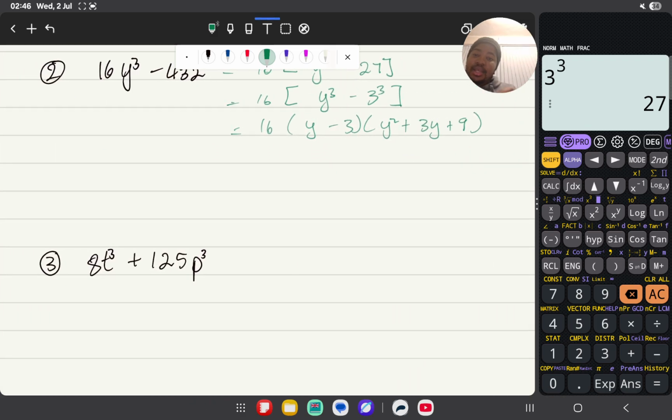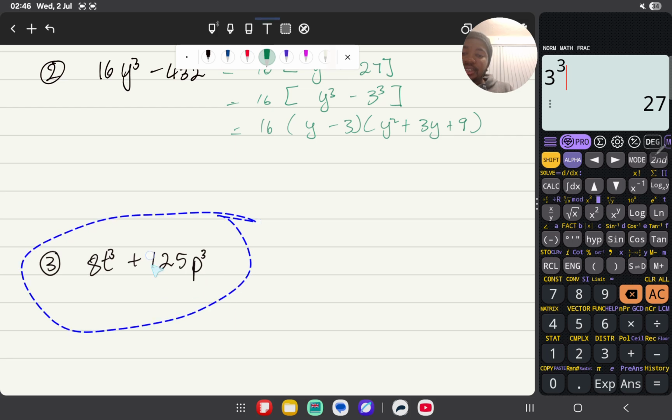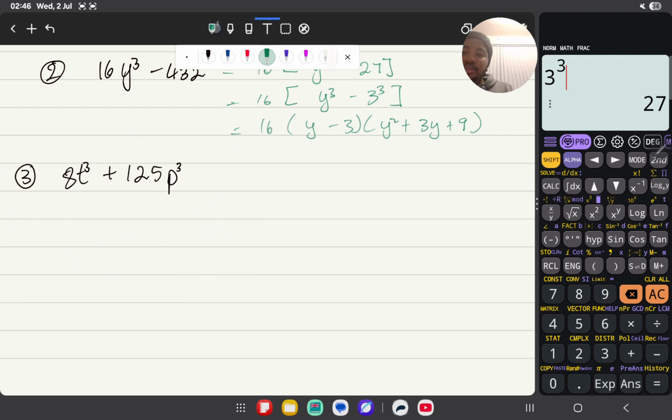And then here's another one. Let's try to factorize this one. First things first, do we have any common factors? Apparently we do not. If you look at these numbers very well, we do not have common factors. But what you can do here is say you have 2t all to the power of 3 plus 5p all to the power of 3. Once you have done that, it becomes easier.